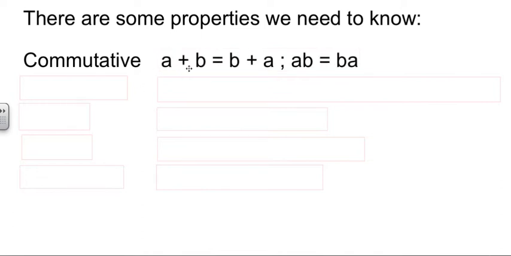What this property says is A plus B is the same as B plus A. I can switch the order of the numbers when I'm adding, and it's okay. Doesn't change anything. And the same holds for multiplying. You can switch the order, and it's okay. 7 times 4 is the same answer as 4 times 7.